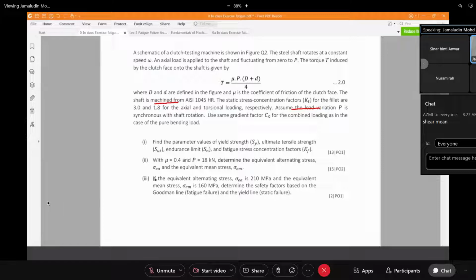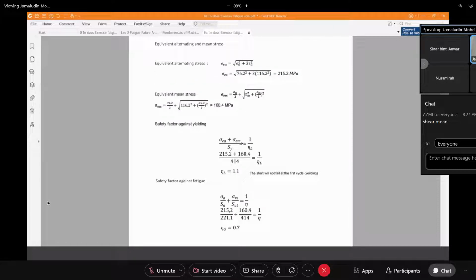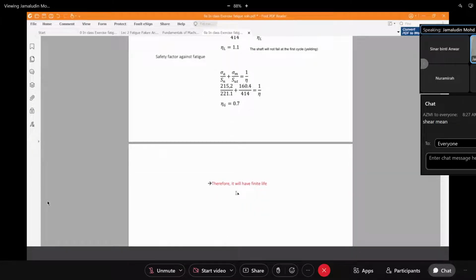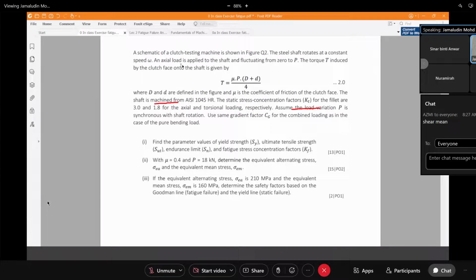For this one, in the example I gave, I proceeded until solving the problem to the end. However, in the question here, it didn't mention that. If the equivalent alternating stress is this one and the equivalent mean stress is this one, determine the safety factor.